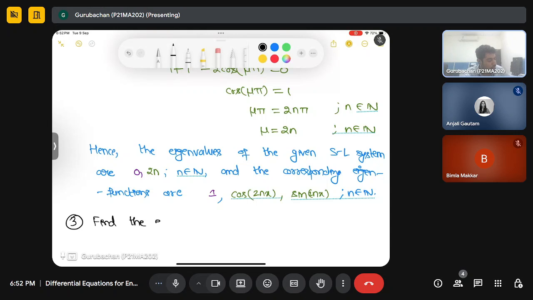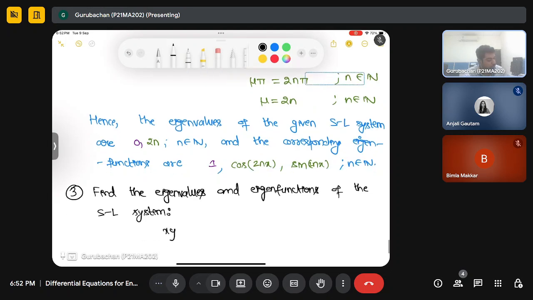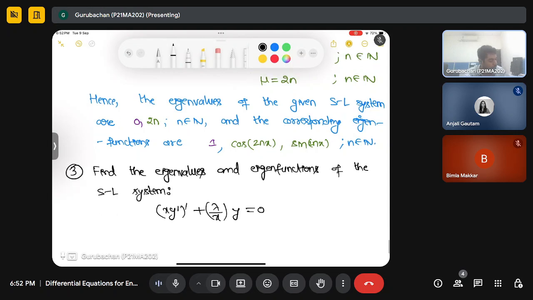Find the eigenvalues and eigenfunctions of the SL system, and the system is given as (x y')' + (λ/x) y = 0, and the boundary conditions are given as y(1) = 0, y(e) = 0.